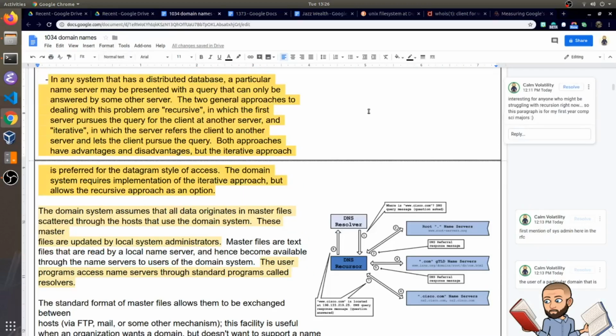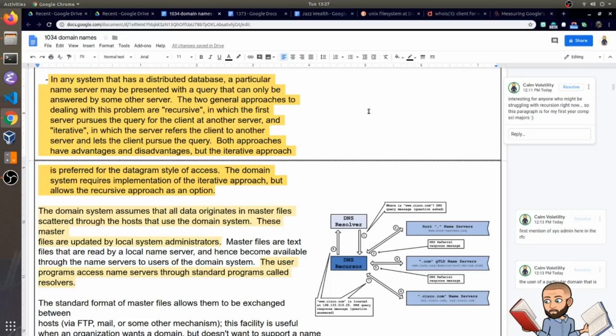Now, in any system that has a distributed database, a particular name server may be presented with a query that can only be answered by some other server. The two general approaches to dealing with the problem are recursive, in which the first server pursues a query for the client at another server, and iterative, in which the server refers the client to another server and lets the client pursue the query.